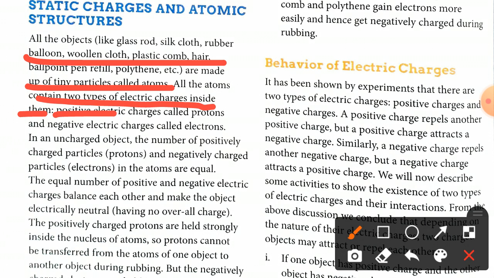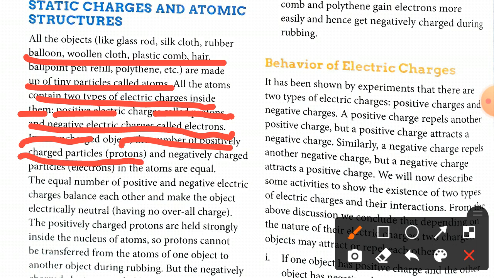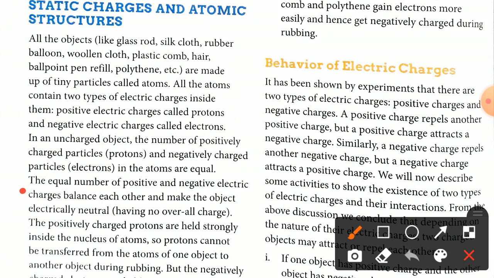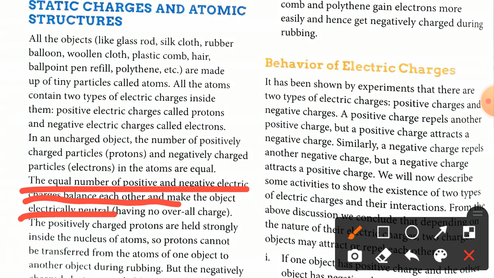The first one is positive electric charge, called protons, and the negative electric charge, called electrons. So in an uncharged object, the number of positively charged protons and negatively charged electrons in the atom are equal. Then what happens? The equal number of positive and negative electric charges balance each other and make the object electrically neutral. You know very well the atom is electrically neutral.